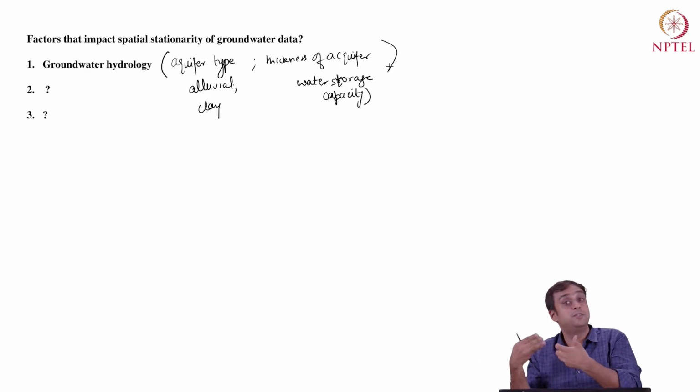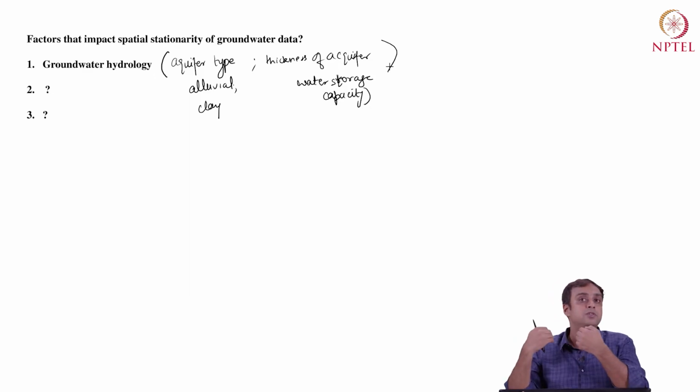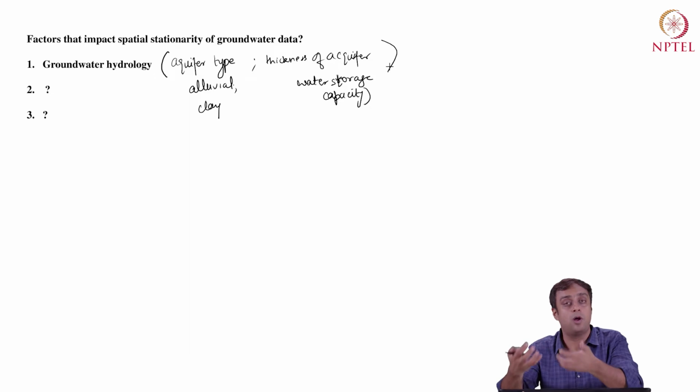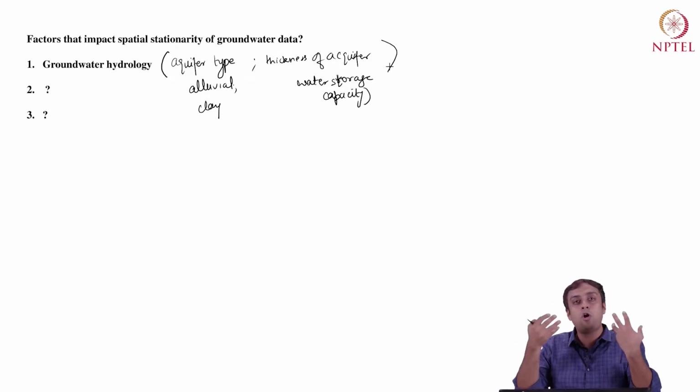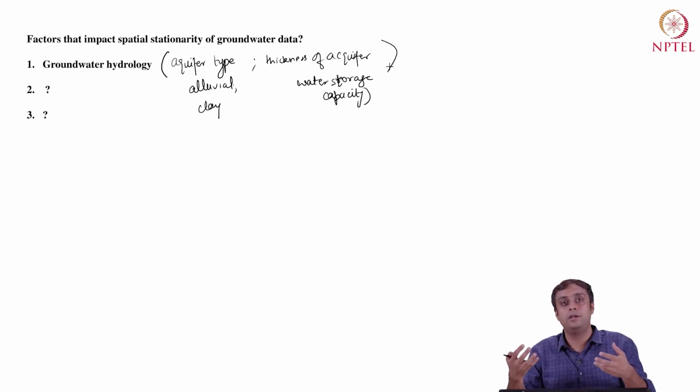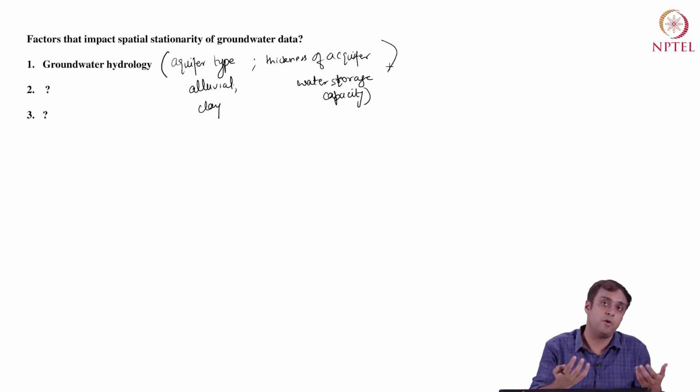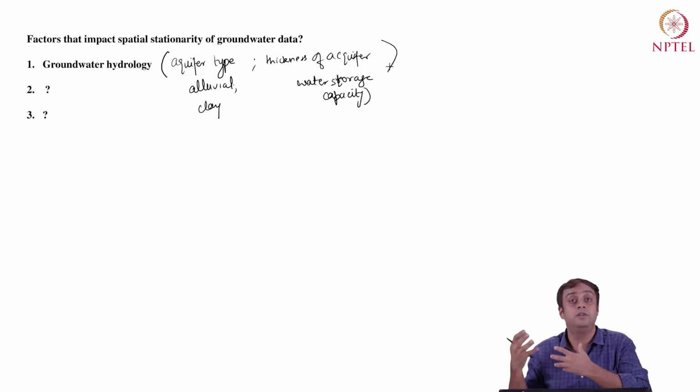Agricultural use is mostly for irrigation. It is also seasonal. It depends on crop cycles. When do you plant a crop, who does plant a crop and who doesn't, right? So there's a lot of human decision making going on in terms of consumption of groundwater in different regions.